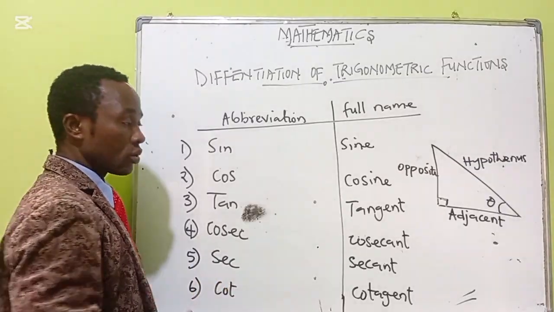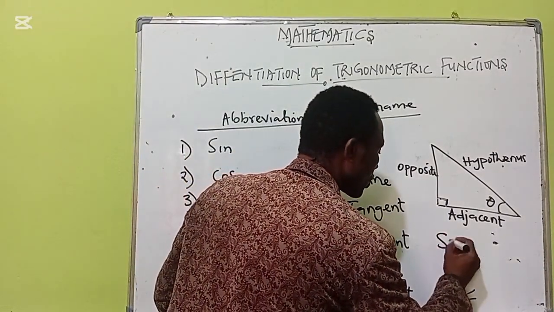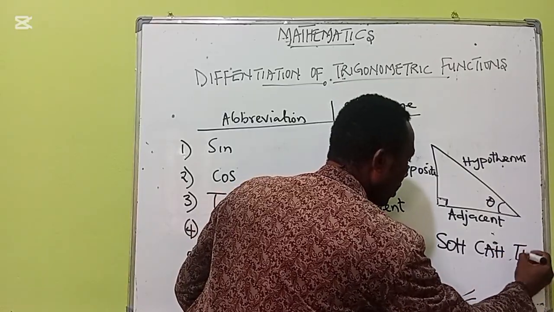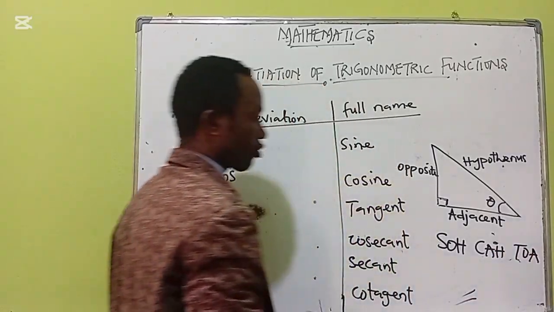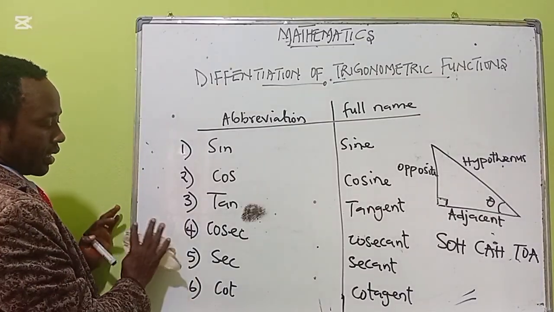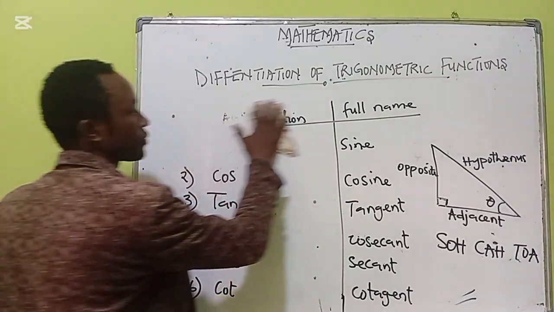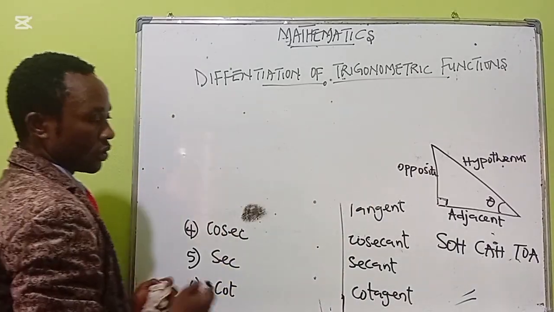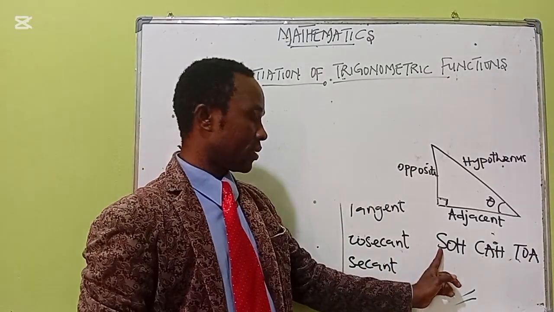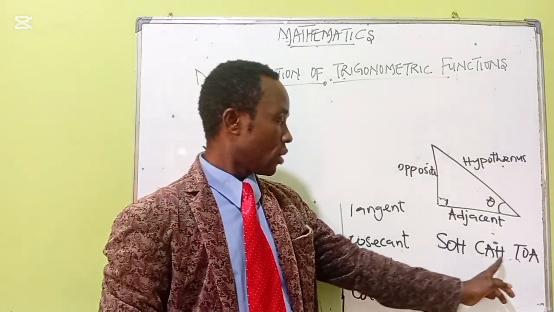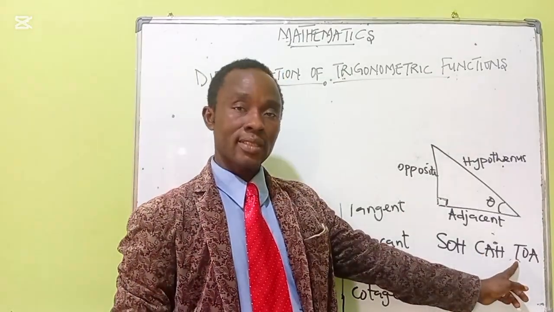We normally use the word we remember, SOHCAHTOA. We normally use that word SOHCAHTOA. S here represents sine, C represents cos, and T represents tan.